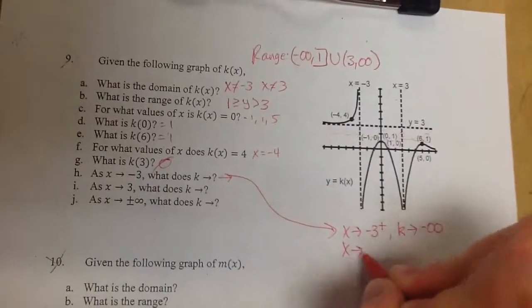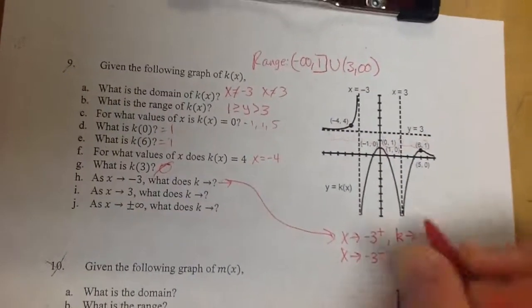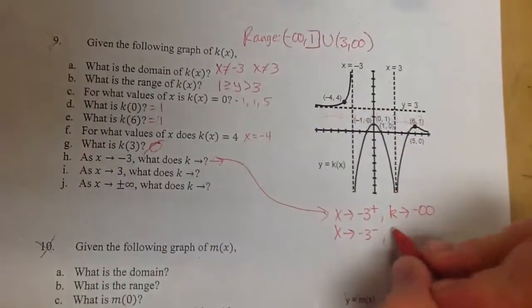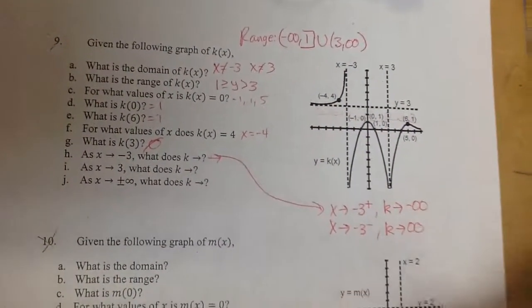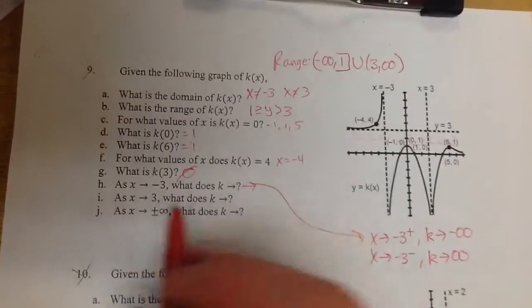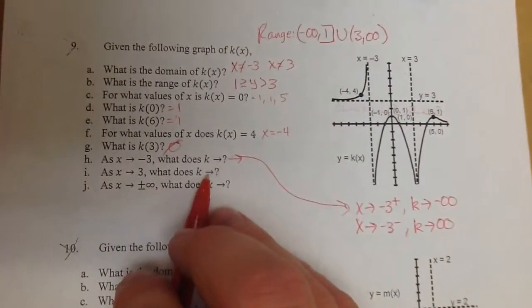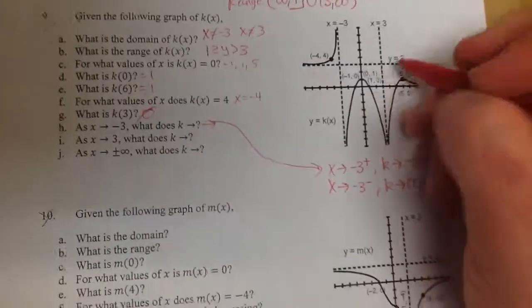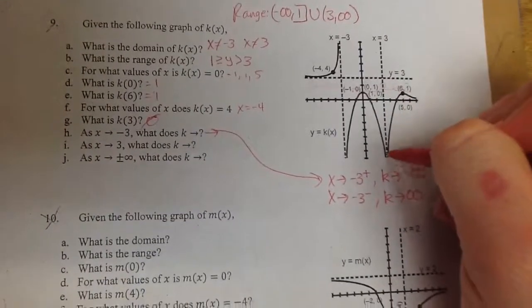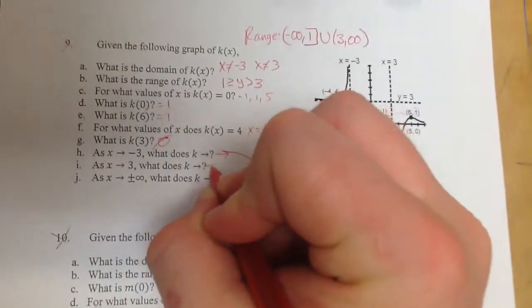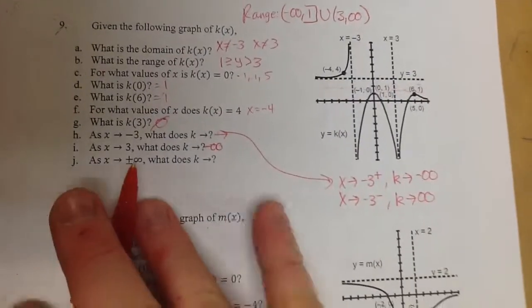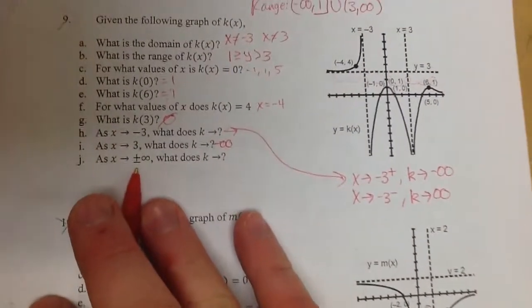But as x approaches negative 3 from the left, come this way and I go up, and k will approach positive infinity. As x approaches 3, k approaches, well, this one's nice because they both go the same direction, so it's just one answer, negative infinity. This one has 2 different answers.